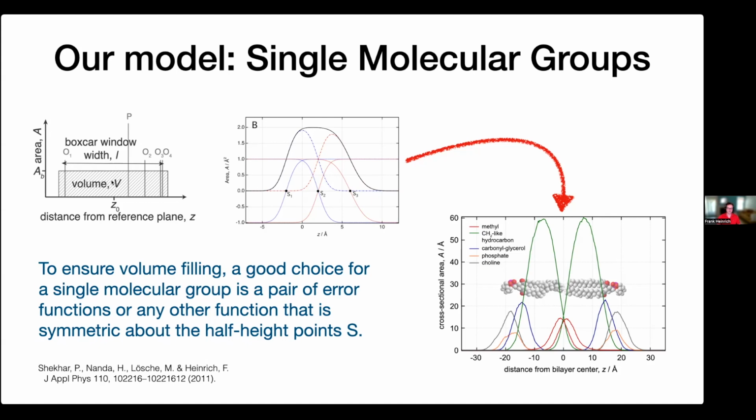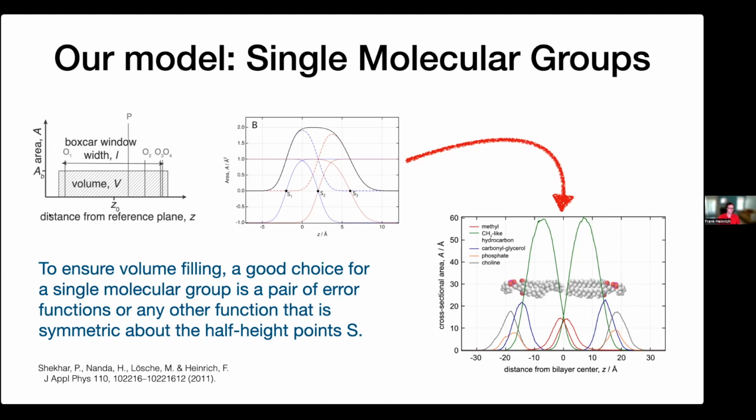And the Gaussian function assumption was that if you have thermal broadening or conformational broadening, this would be best represented by a Gaussian function for a single atom. So we should also describe a molecular group by a single atom. Taking this assumption might or might not be true.